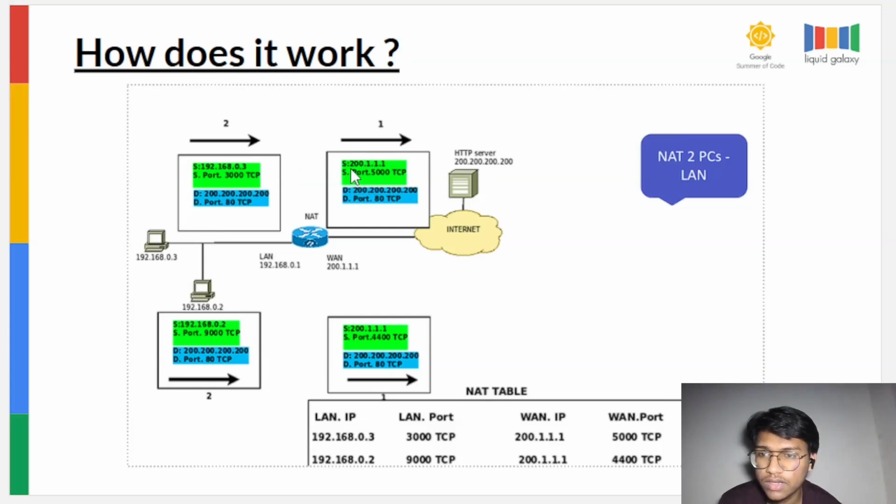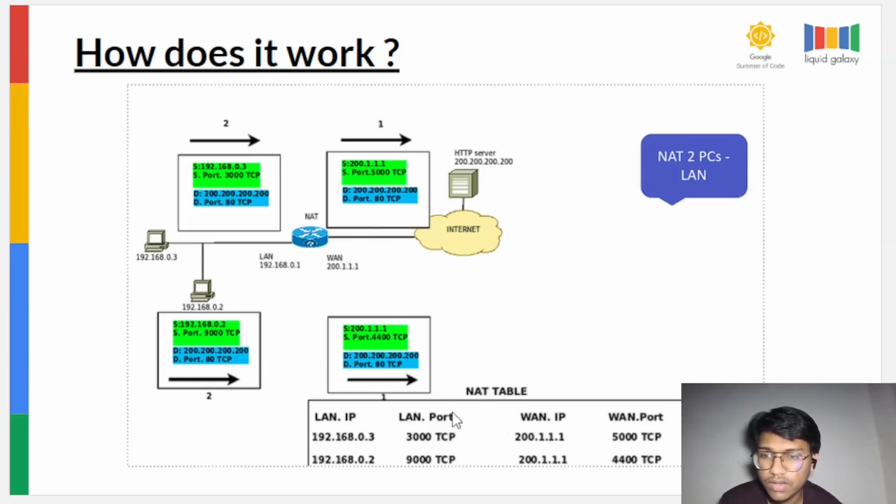You can see that the sender IP address is the same here and also here, 200.1.1.1, but the sender port is different. So we are using only one IP address for both these devices to connect to the main internet, the external network. That is how it is working.